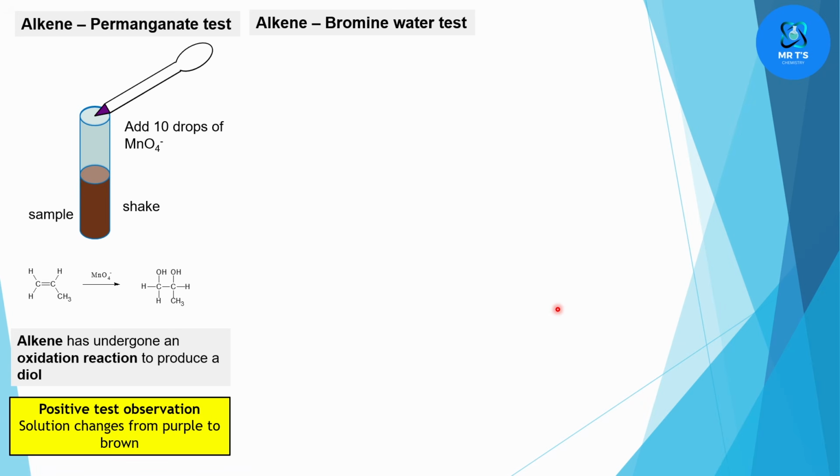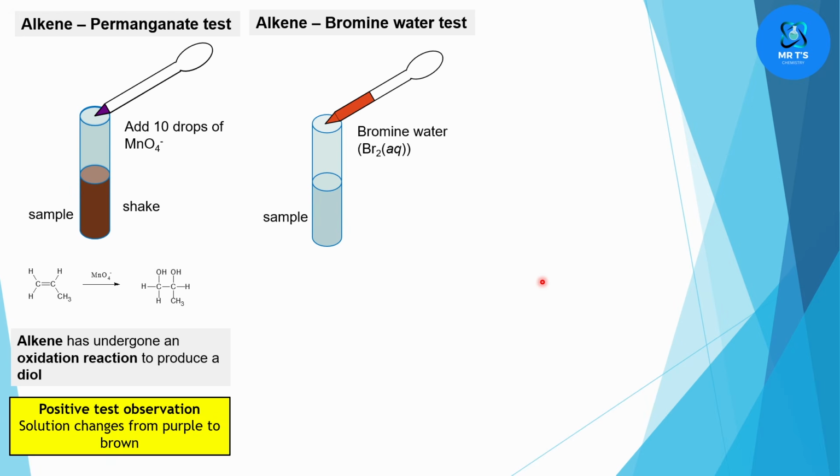We can do what's called the bromine water test, and we take a sample of it again. We add some bromine water to it, and then we give it a shake. If it goes colorless within 10 seconds, then we know that we have an alkene. Now what's happened here is this is an addition reaction.